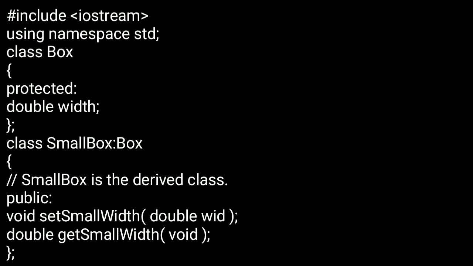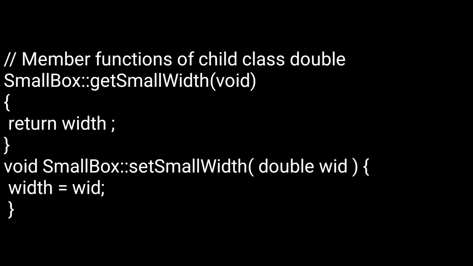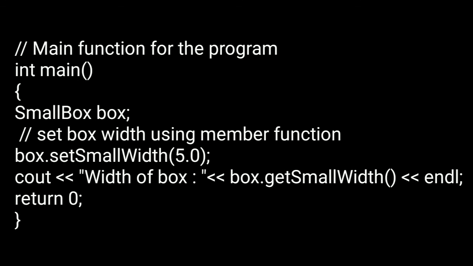In class SmallBox, the colon is used to access Box, or to call it a child class. Here is the member function of the child class. Here is the main function of our program.